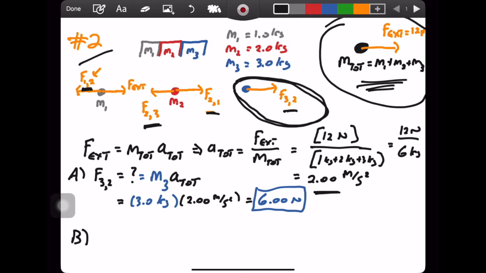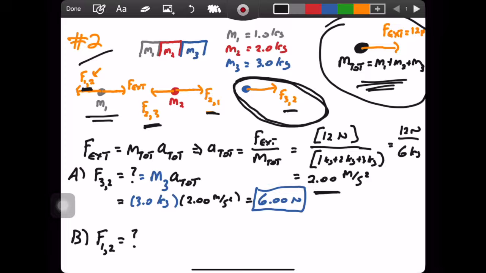Part B of this problem, number 2 in problem set number 4, asks: what is the force on 1 from 2? What is the force on block 1 from the block 2 next to it? This is the picture right here. So we have 2 forces in this particular case.